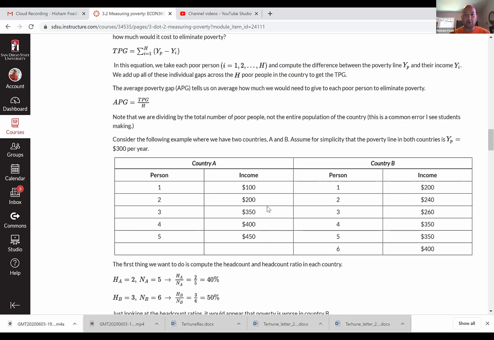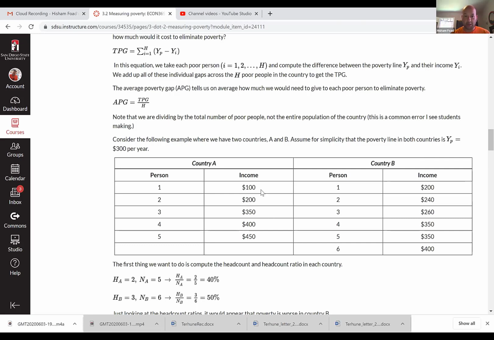First, let's figure out how many people are classified as poor: all the people with incomes below the poverty line. Person 1 and person 2 are below the poverty line, and everybody else is above it. To compute the total poverty gap, we need to figure out how much money we would need to spend to get everybody up to the poverty line.